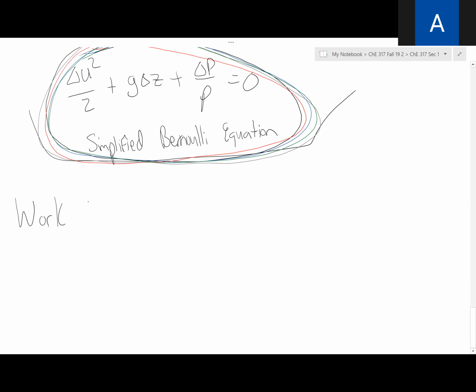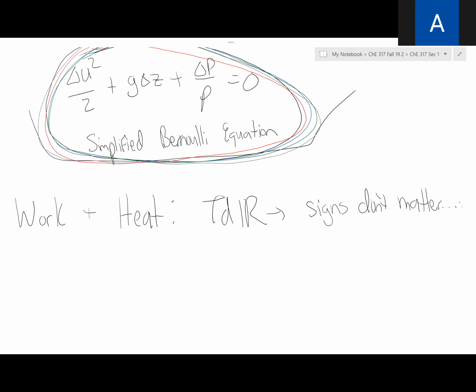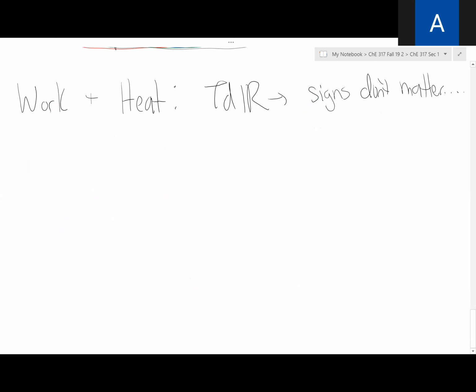In terms of work and heat, the short answer, the TLDR, is the signs don't matter on these terms. And that really makes people mad, especially people that like math, because signs mean everything, but I'm an engineer and I said that's cute.